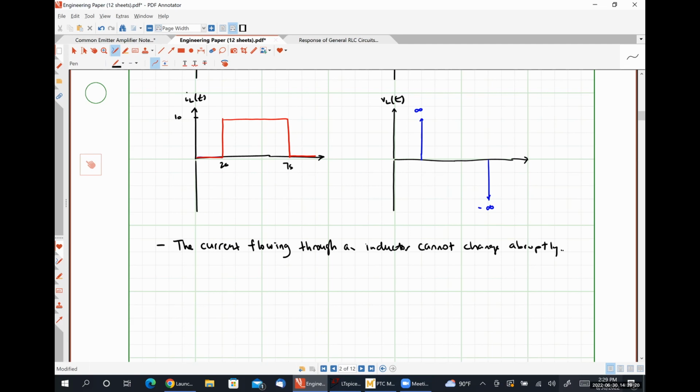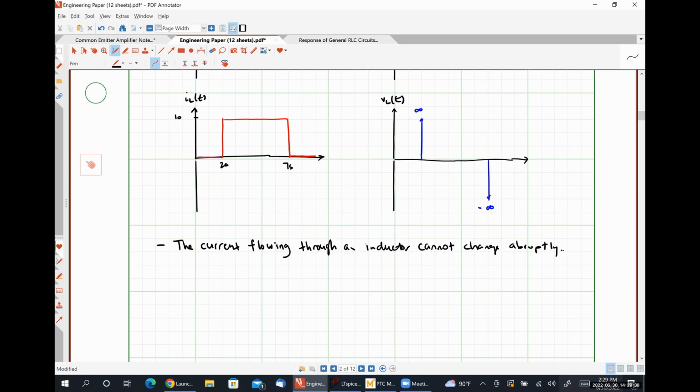This is another fundamental rule of how inductors behave, and we are going to use this rule a whole heck of a lot later on next week when we start talking about the concept of transient analysis of RL circuits.